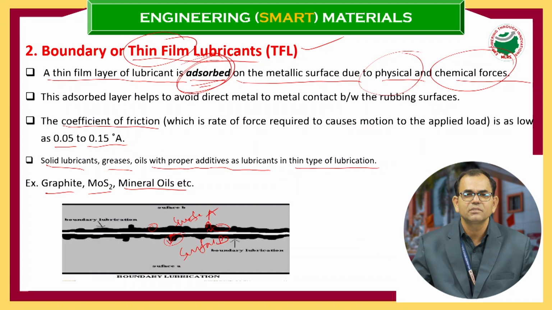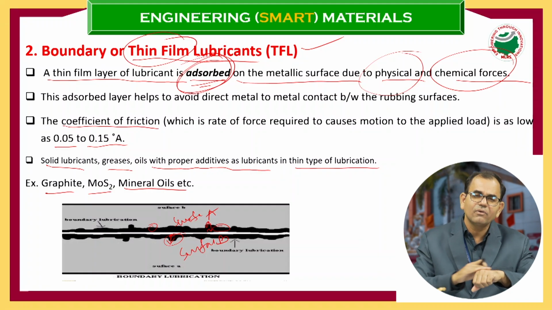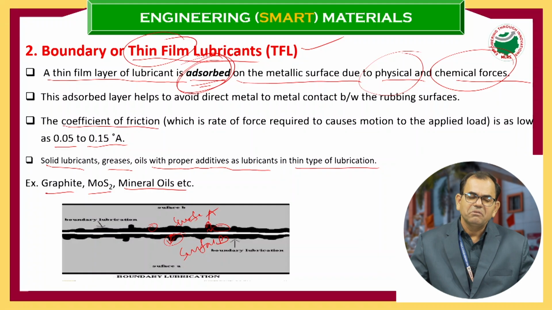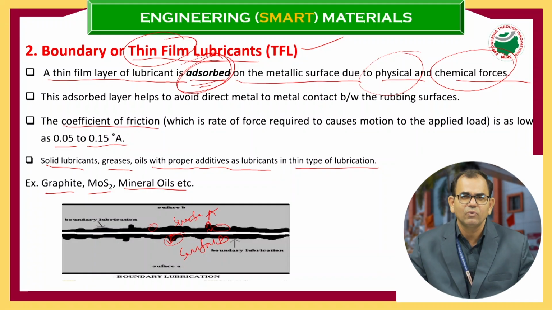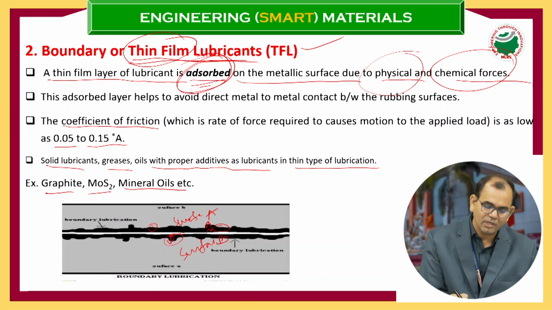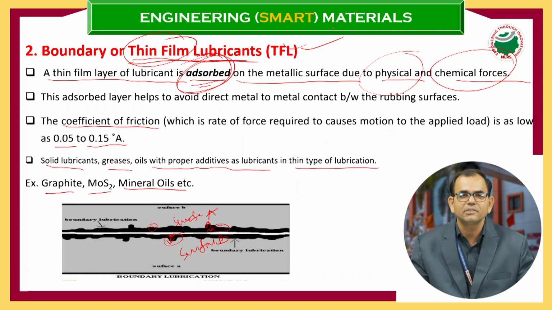So very little. If we apply oil on our body, a very thin film will be coated. The thickness is negligible, somewhere 10 to 20 nanometers of oil layer on the surface of our body. So that's why we are calling it TFL. TFL is nothing but thin film lubrication.